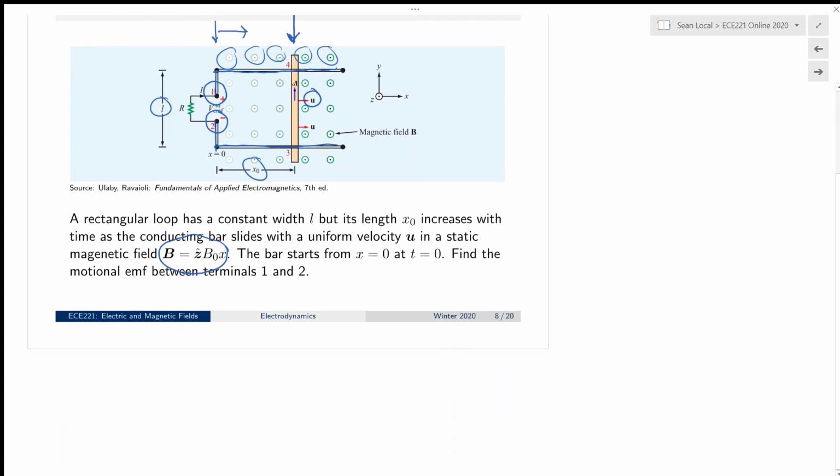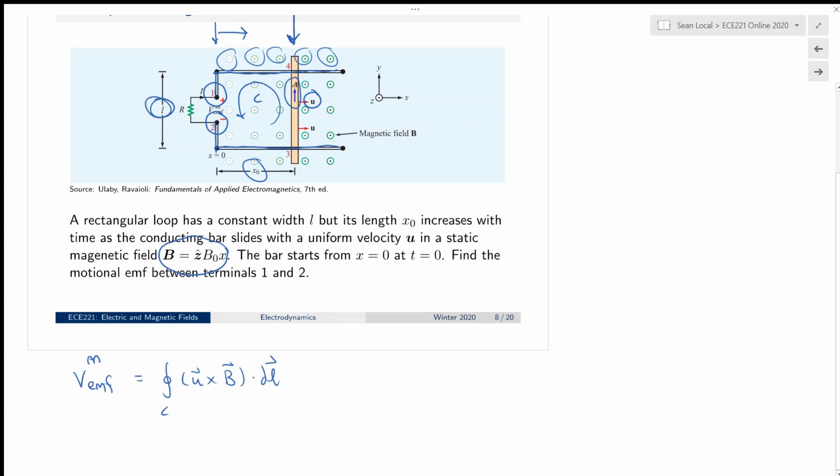So let's first begin by writing our motional EMF equation. Let's define a contour around which we're going to integrate here. We know that we need to define motional EMF as the closed contour integral. So we'll use our symbol here, V EMF and then M for motional, as a closed contour integral of U cross B dot dl.